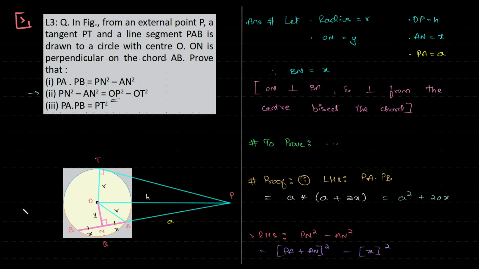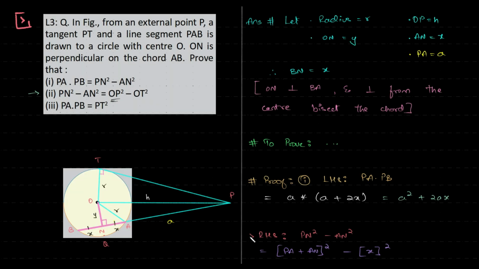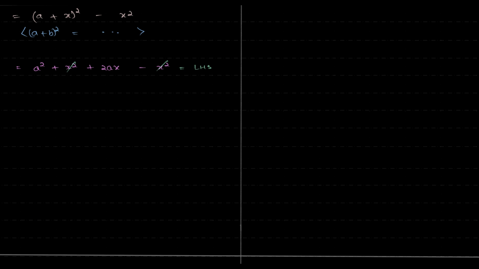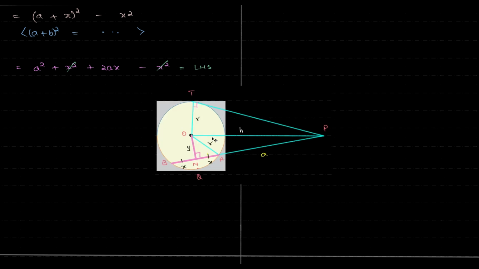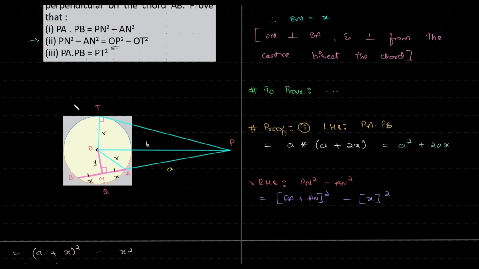The second one is a bit tricky. So we need the diagram actually. Yeah. For the second one, what do we have? Proof for the second one. Let's see what it is that we have.